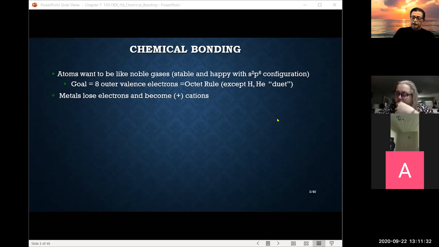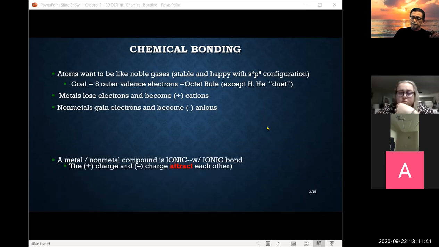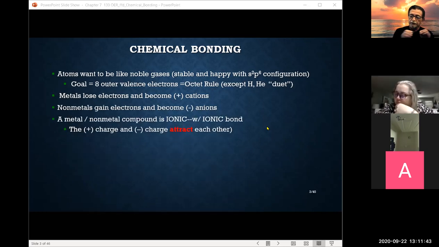Now metals, again, long-term memory, lose electrons and become cations. Non-metals gain electrons and become anions. We're going to start putting them together to make compounds and structures. We've got a negative and a positive.